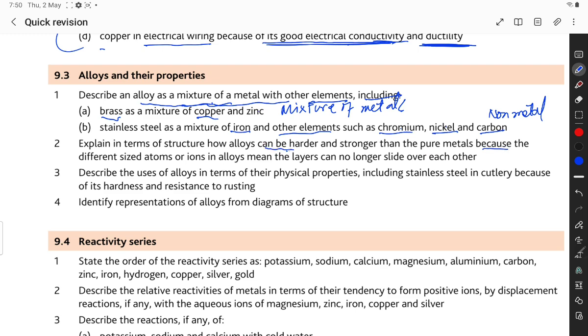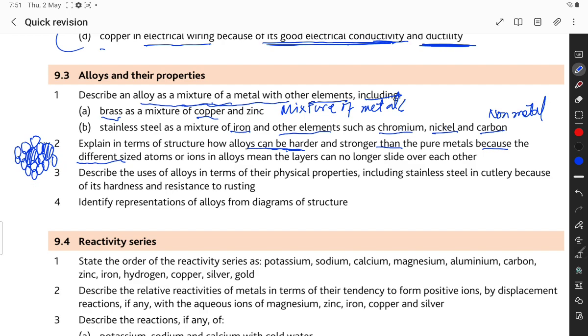He has given the reading in the syllabus content: why alloys can be harder and stronger than pure metals, because of the different size atoms. So this is the structure of alloy. The different size of atoms prevent the layers from sliding over each other.